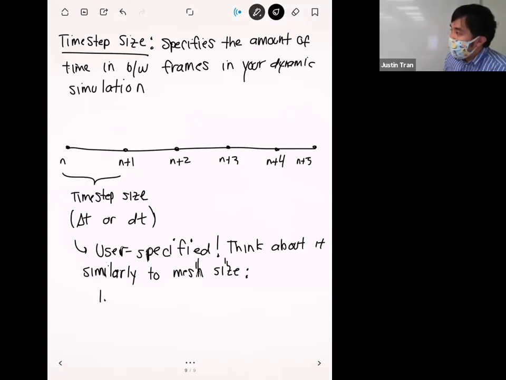And so in that sense, if you make your time step size really small, a smaller time step size will mean that your solution is going to be a lot more accurate. And generally it's going to look a lot better too.